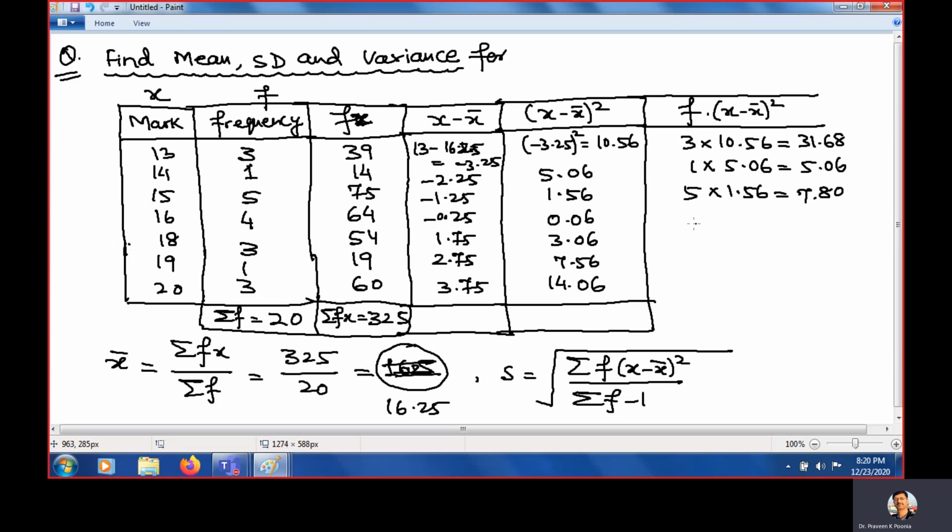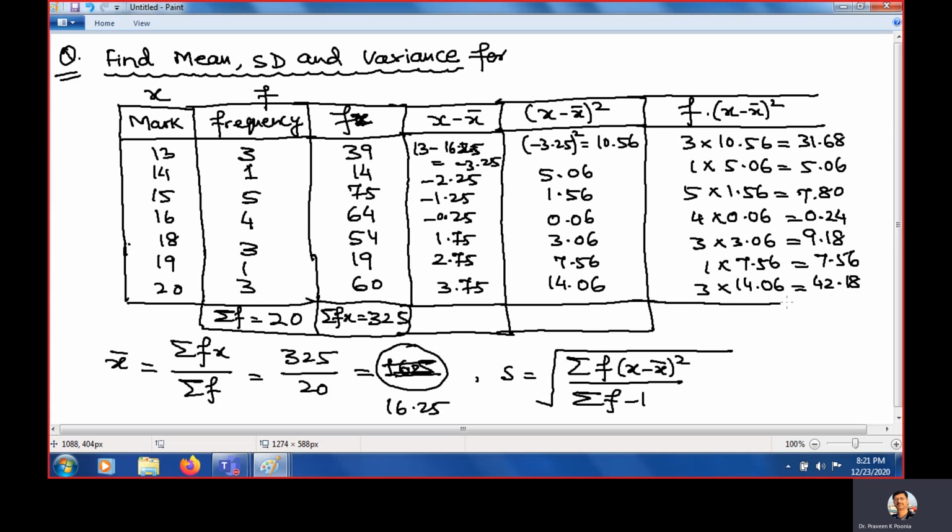And 4 times 0.06 will be 0.24. Next is 3 times 3.06, and it will be 9.18. Then 1 times 7.56 is equal to 7.56, and the last one is 3 times 14.06, which is 42.18.